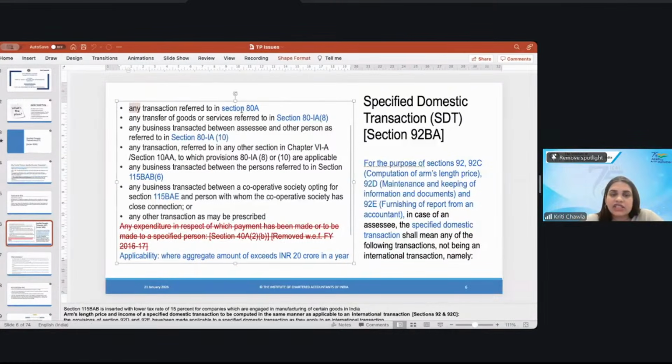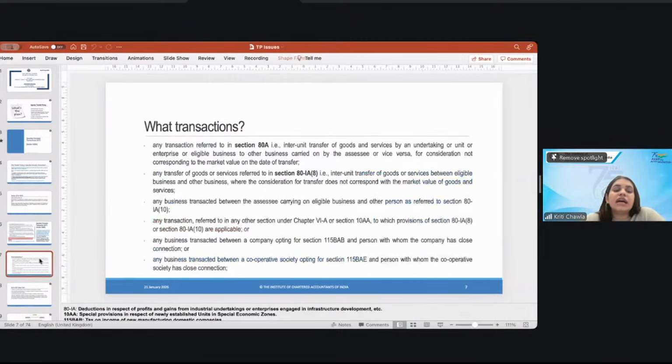So any transaction which is referred to in Section 80A. Then transfer of goods and services in Section 80IA(8) and 80IA(10). Now, 80IA(8) and 80IA(10) talk about deductions for industrial undertakings or enterprises in industrial infrastructure development.